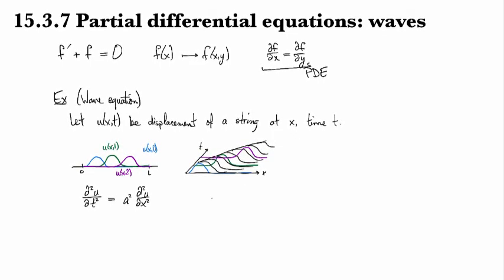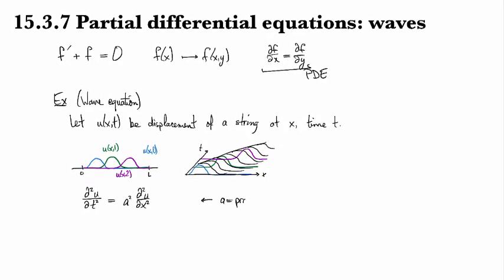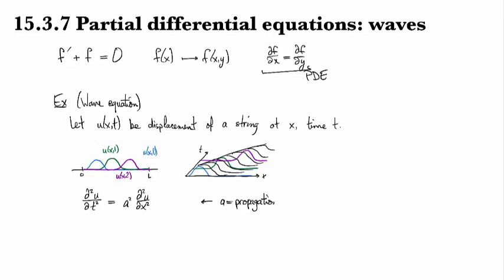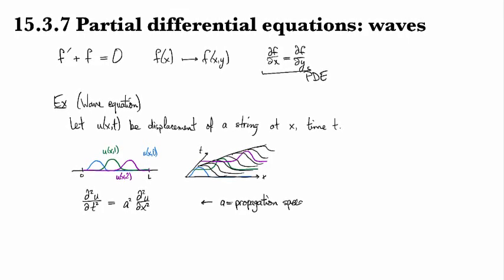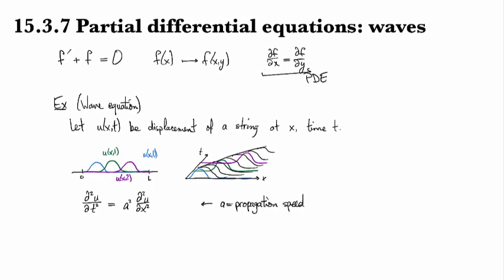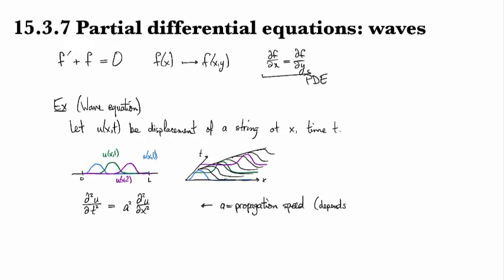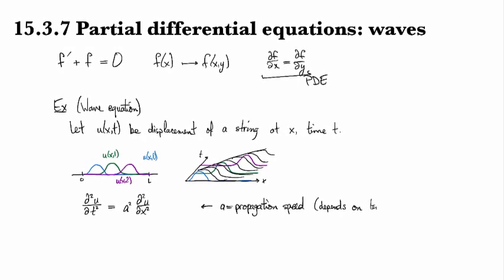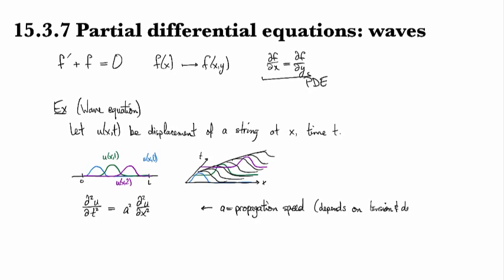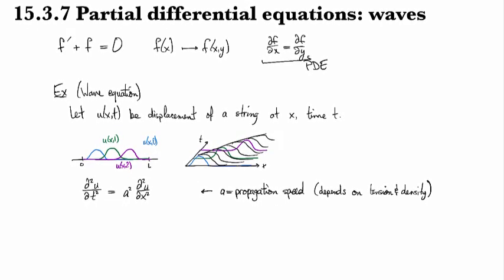In this equation, a is the propagation speed, in other words, how fast the wave is traveling. This depends on things like tension on the string and density of the string.